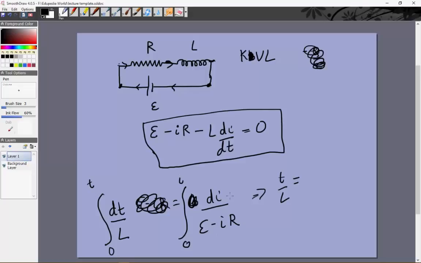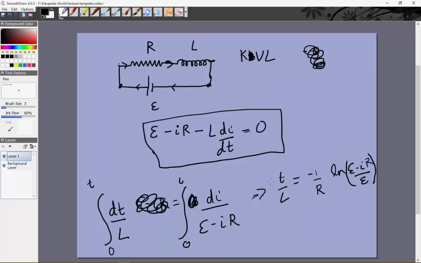You can do this by substitution as well, but I'm assuming you're fluent enough in integrations by now to understand properly that this will be equal to minus 1 by r ln of E minus IR by E. Why by E? Because the upper limit is I, which gives us E minus IR. The lower limit is 0, which is the value of I, so it will give us E. Minus 1 by R comes because minus R is the coefficient of I in this case.